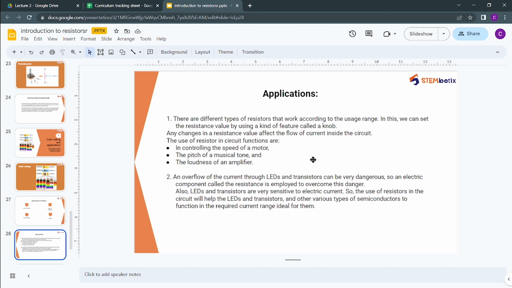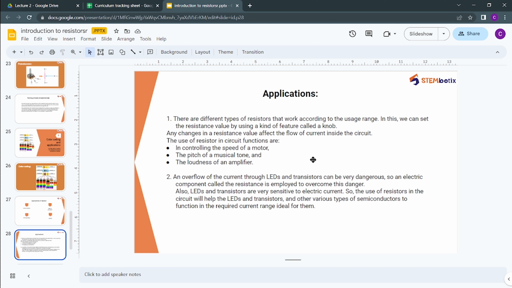So first is a resistor used as a knob. There are different types of resistors that work according to this usage range, and in this we can set the resistance value by using a feature called a knob. So using a knob, you can vary the resistance, and you can use it as a volume controller, loudness controller, or for controlling the speed of a motor.